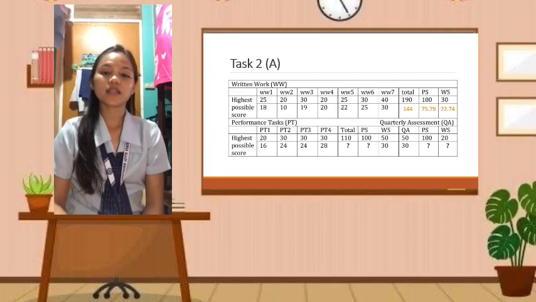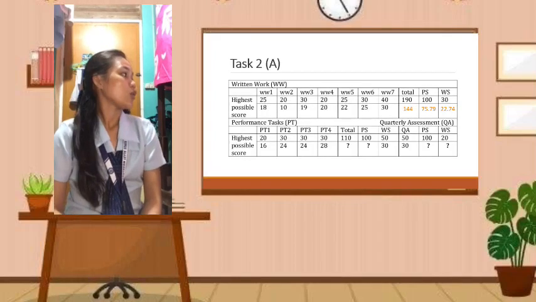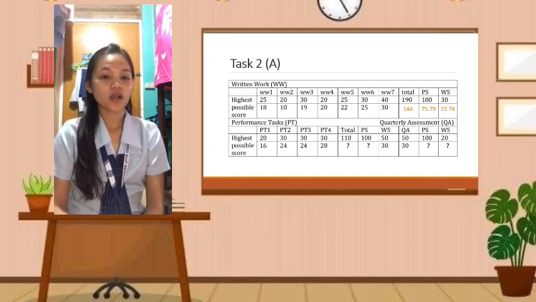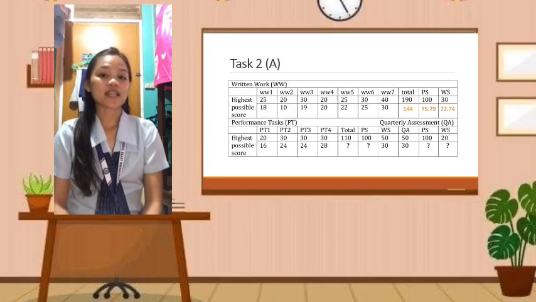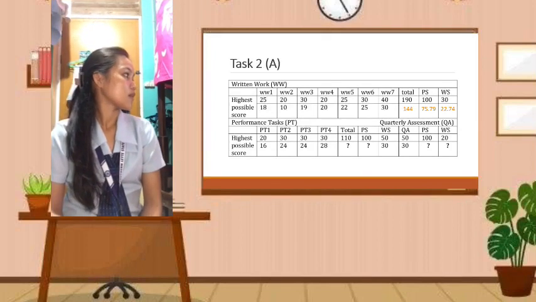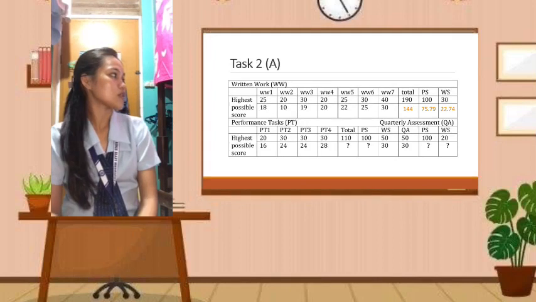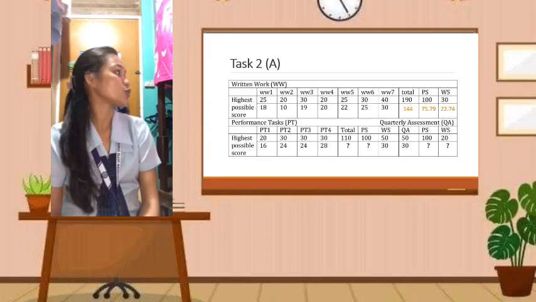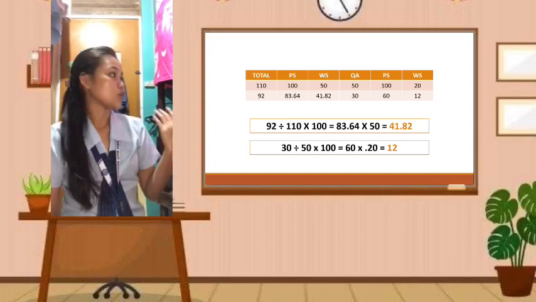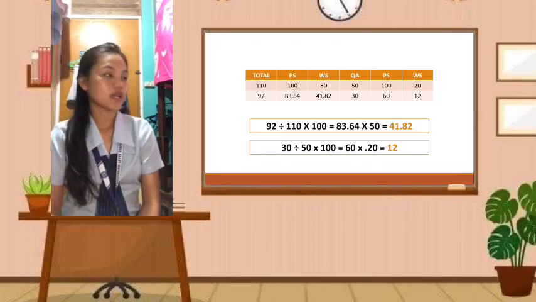To complete Julia Anderson's performance task grade, we have to add performance task 1 up to performance task 4. So 16 plus 24 plus 24 plus 28 is equivalent to 92, divided by 110 of the total times 100.